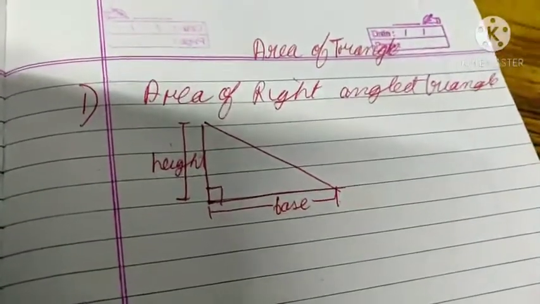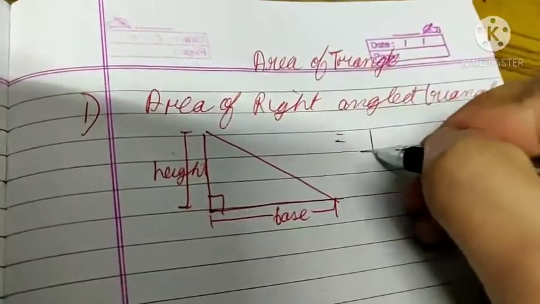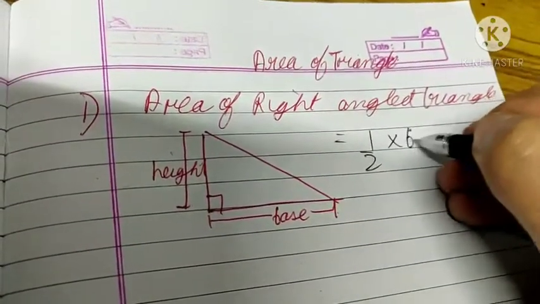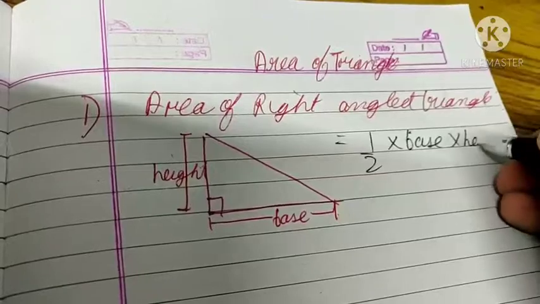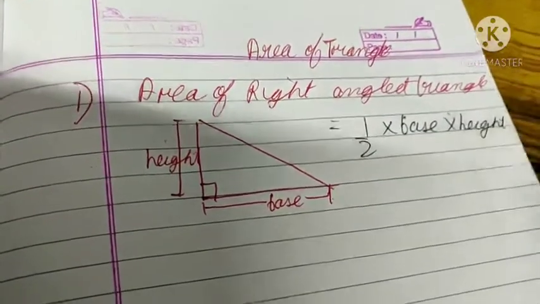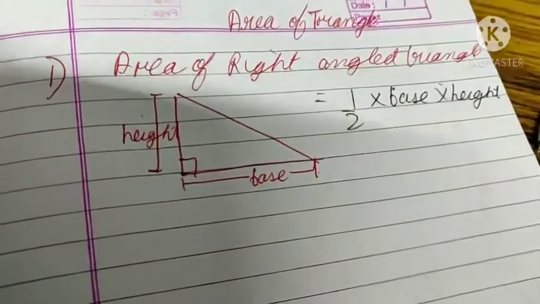So area of a right angled triangle is equal to half into base into height. Half into base into height is the area of a right angled triangle.